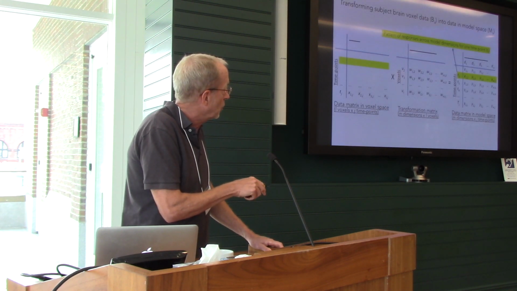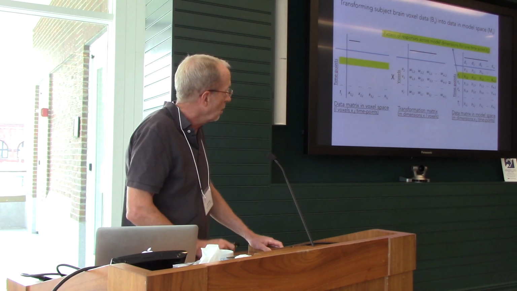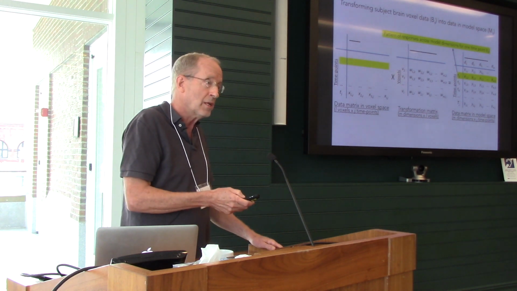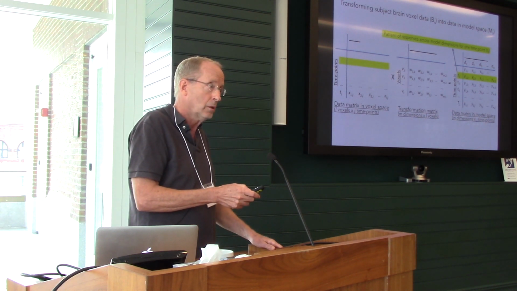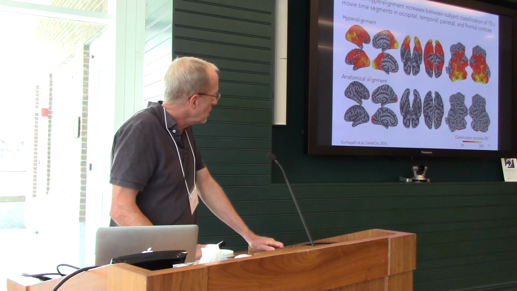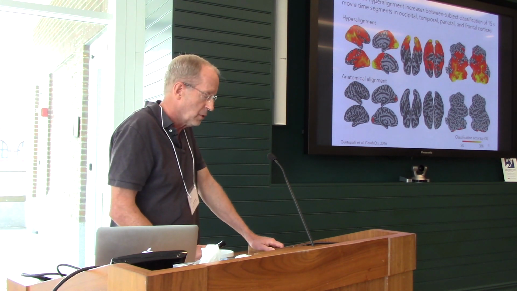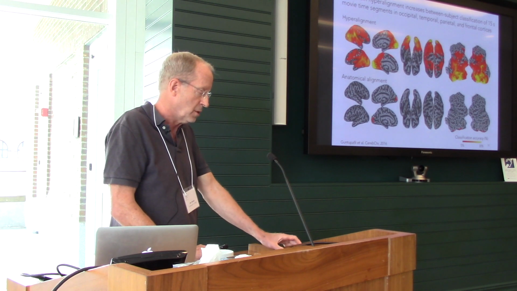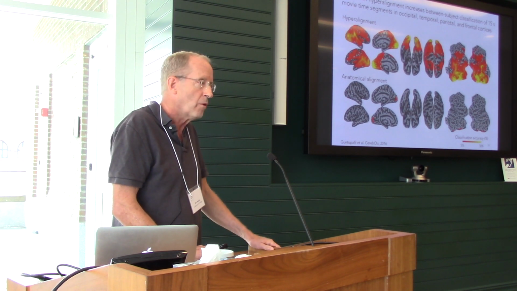So the goal is that these patterns of response are now more similar across subjects, which should afford better between subject classification. So to test that, we classified the movie time points themselves. So we asked, can we say from the brain data that we collect while subjects watch this movie, what part of the movie are they watching?